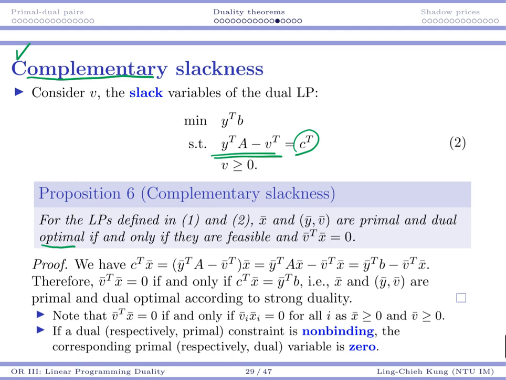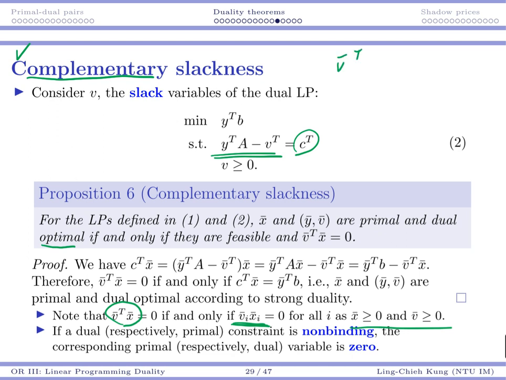Now one thing to keep in mind is that if V bar transpose times X bar is 0, that means for each pair of primal variable and dual slack, the product is 0. Why is that? Because everything is non-negative.